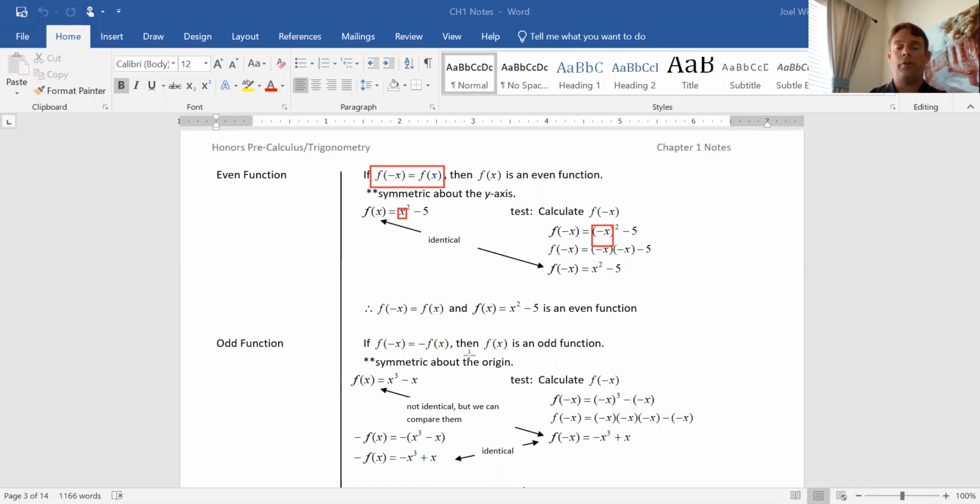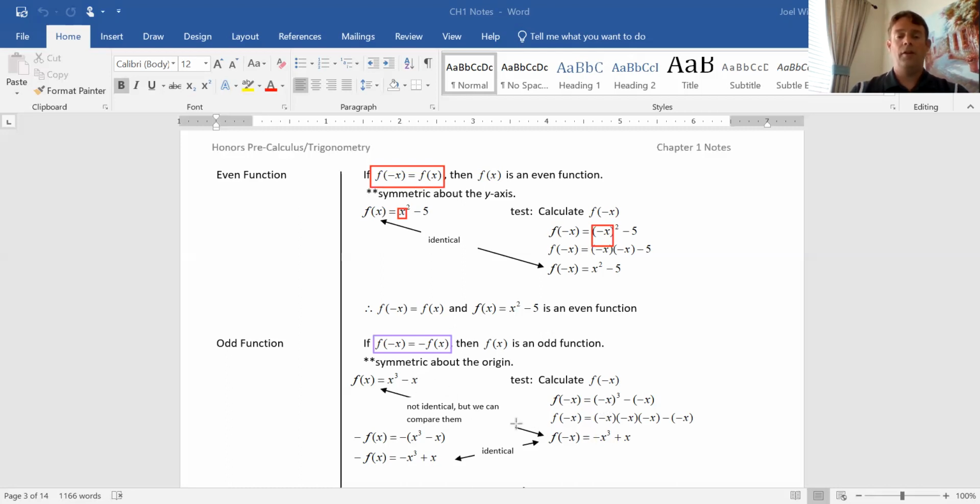We also have something called an odd function. The first thing you always check is, if I ever ask you to check if a function is even or odd, check even first. If it's even, can't be odd. If it's odd, can't be even. Now, if it's an odd function, notice when you plug your f of negative x in there, they're not the same thing.